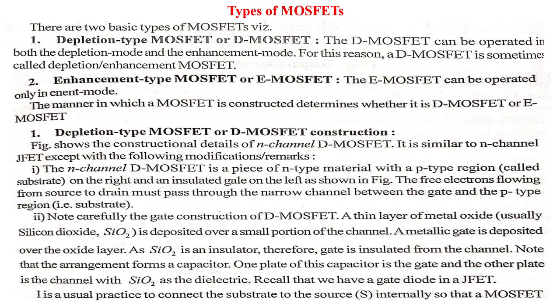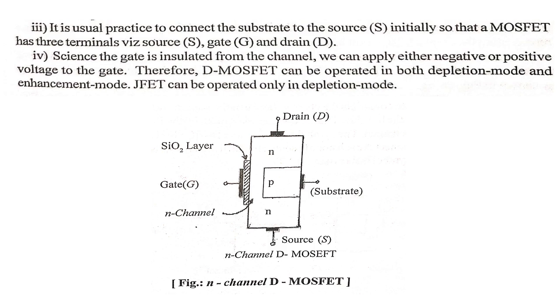Now the figure shows the construction details of the N channel DMOSFET. It is similar to N-channel JFET except with the following modifications. Now see the N-channel DMOSFET as shown in figure.